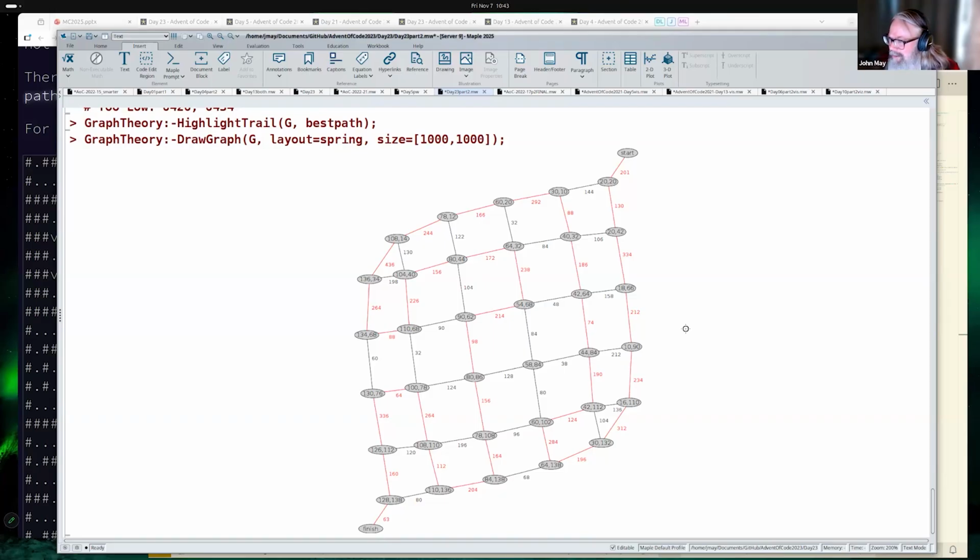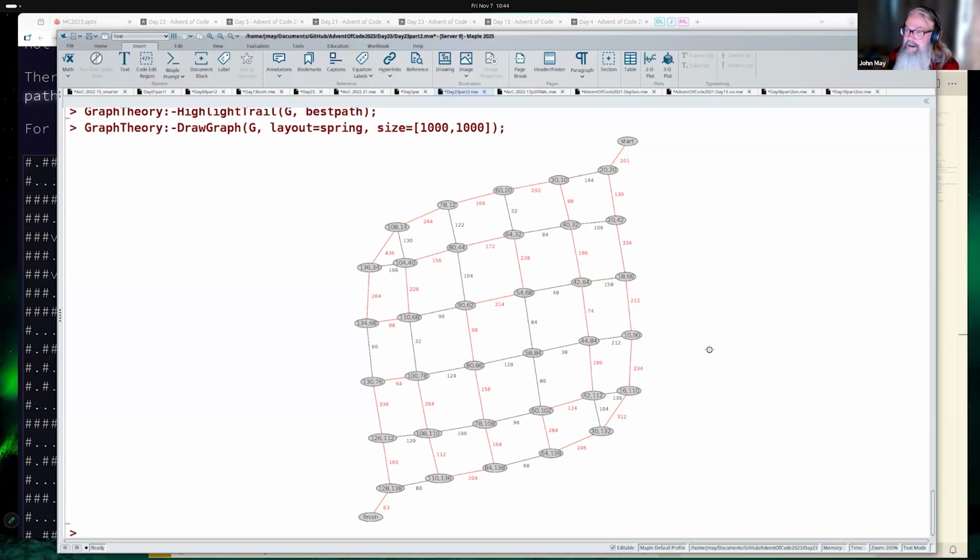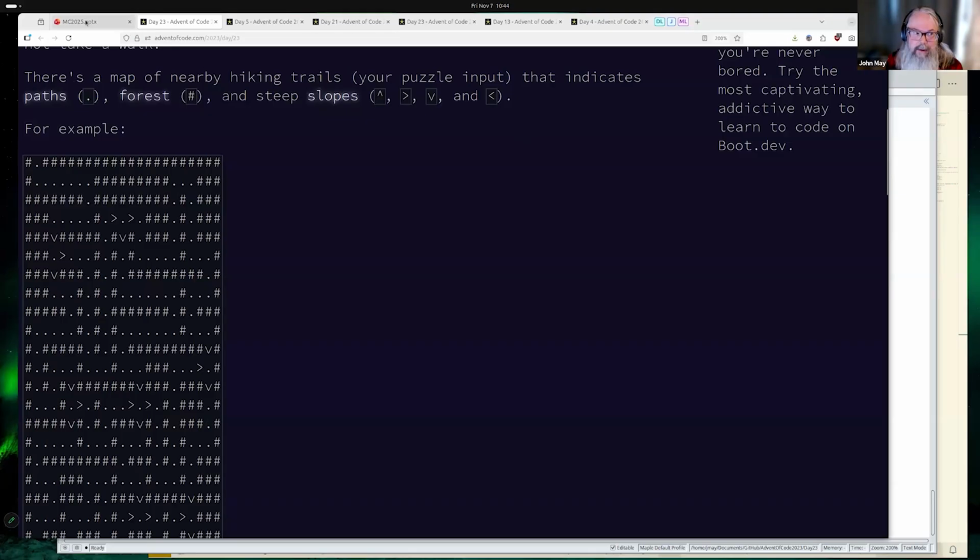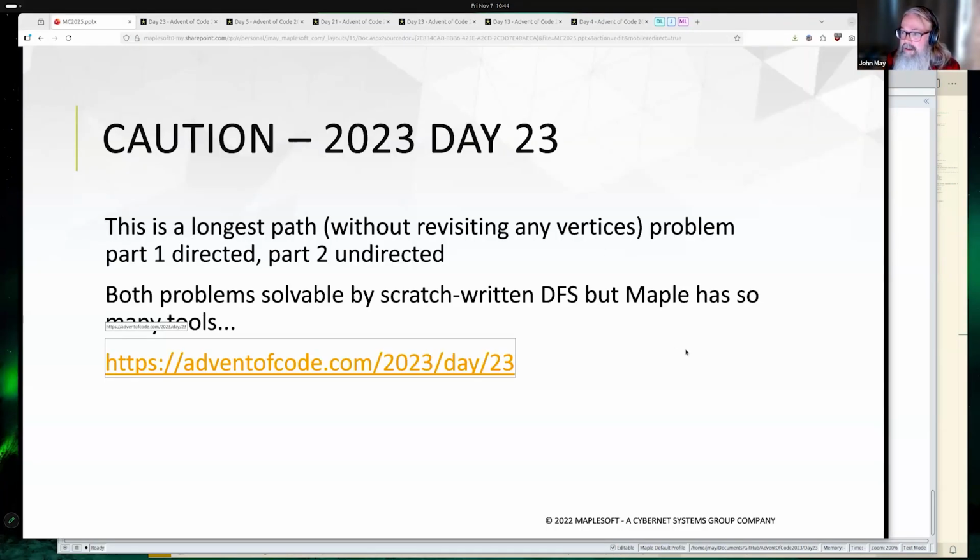I said, well, let's remove each node one at a time and do a traveling salesman problem on that to find a solution that visits every node but one. Ultimately, that found the solution. It's a stupid way to do the problem, enabled by the fact that there's a very powerful, fast traveling salesman solver in Maple. But it's definitely a case of applying a jackhammer to a problem that needs a tack hammer.